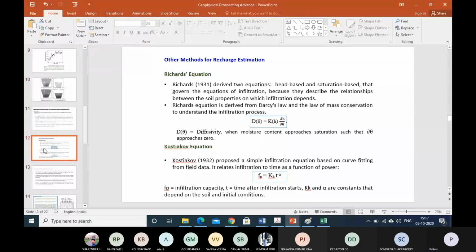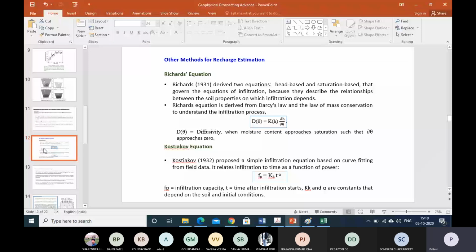So diffusivity completely depends on that. If your porous media is already saturated, then diffusivity will be zero. So it depends on theta and hydraulic head.